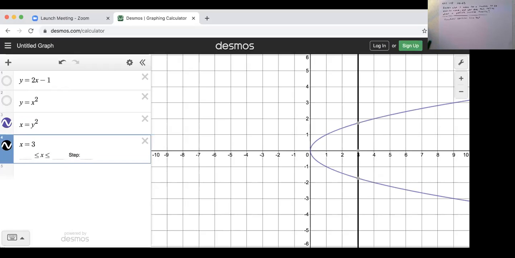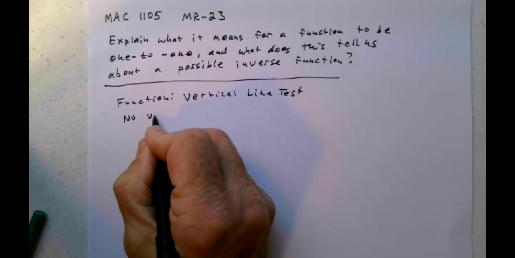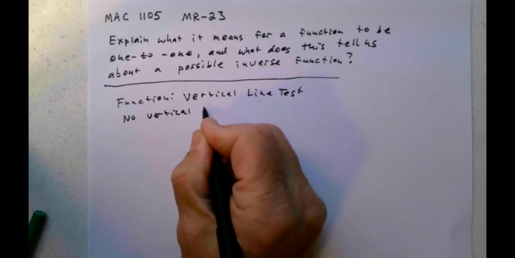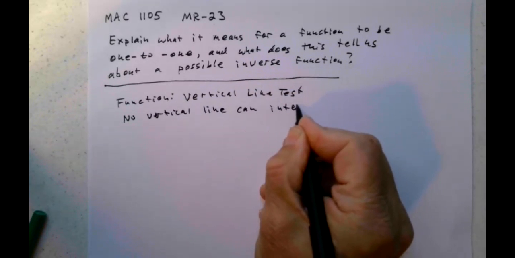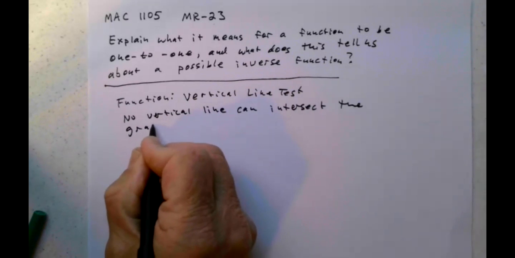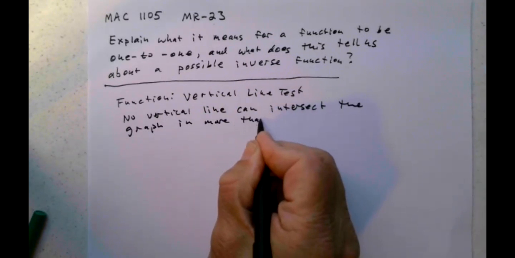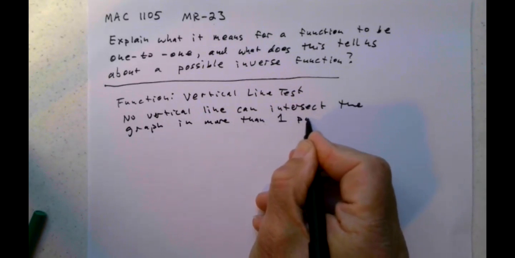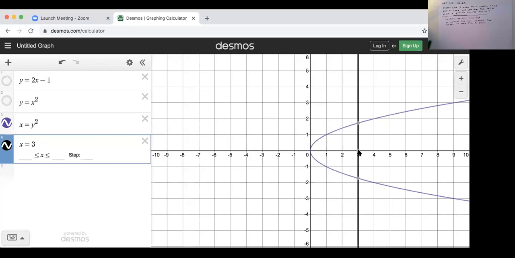So to be a function, you've got to satisfy the vertical line test, which tells us that no vertical line can intersect the graph in more than 1 point. And as we saw with the last one, any x value can only have one y value.